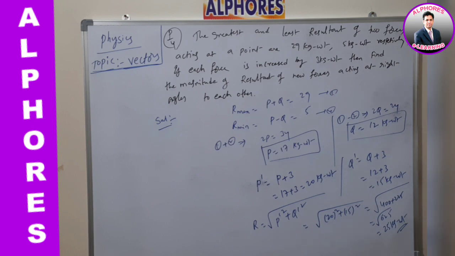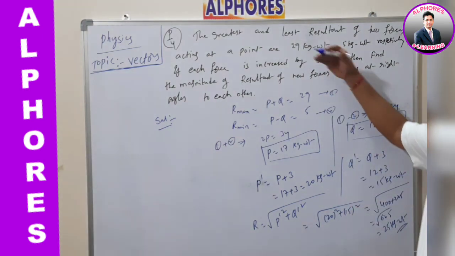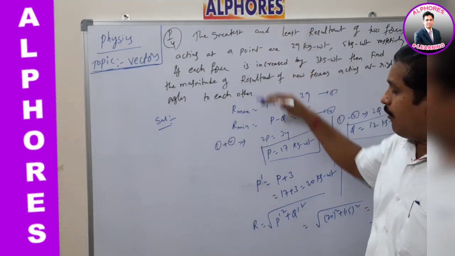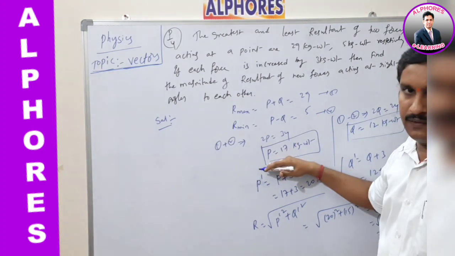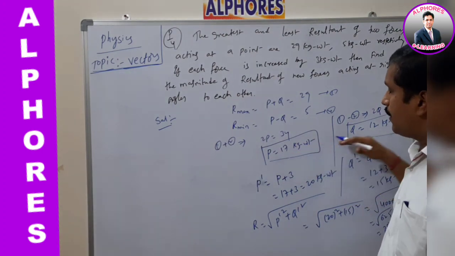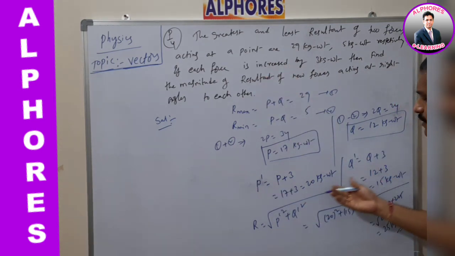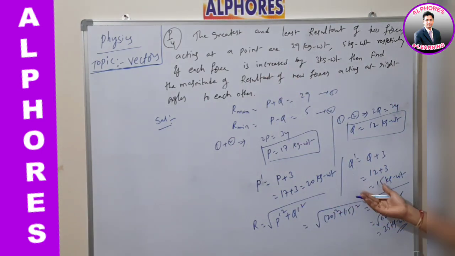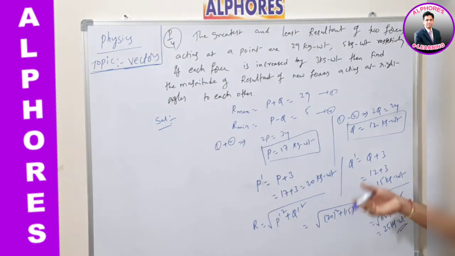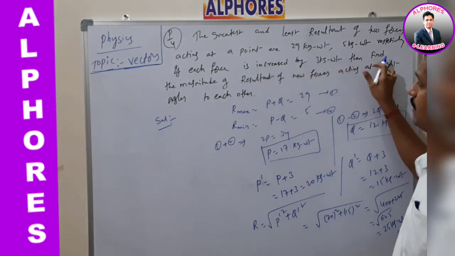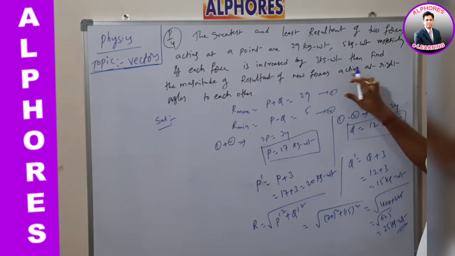25 kg weight. That means in that question, from the first condition, I have to find the individual forces acting on the particle P and Q. According to the second condition, each force is increased by 3, means the new forces are 20 kg weight and 15 kg weight or newtons. Now according to the third condition, I have to find the magnitude of the resultant of the new forces acting at right angles.